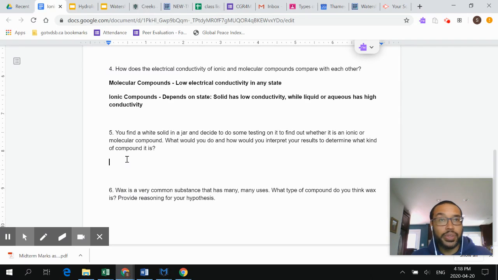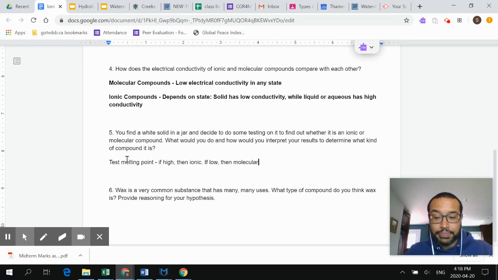You could do some other ones with conductivity, but that's probably the easiest. Test melting point. If high, then ionic. If low, then molecular.